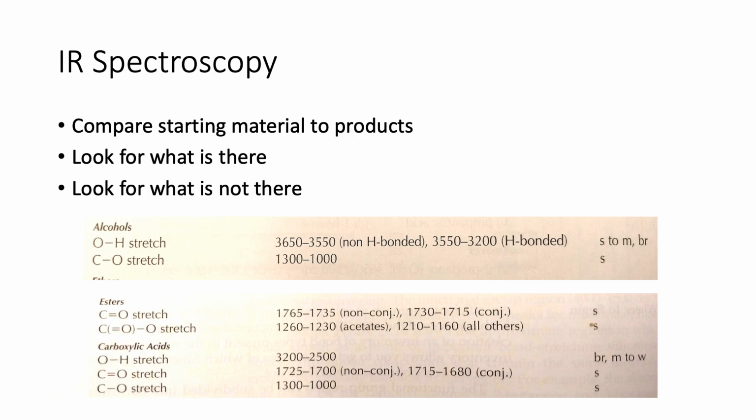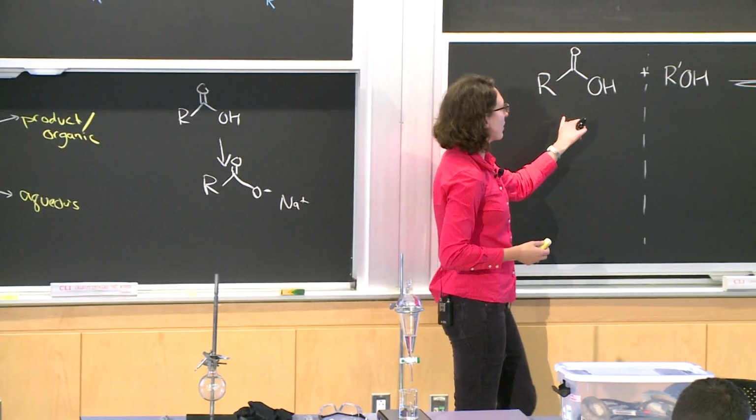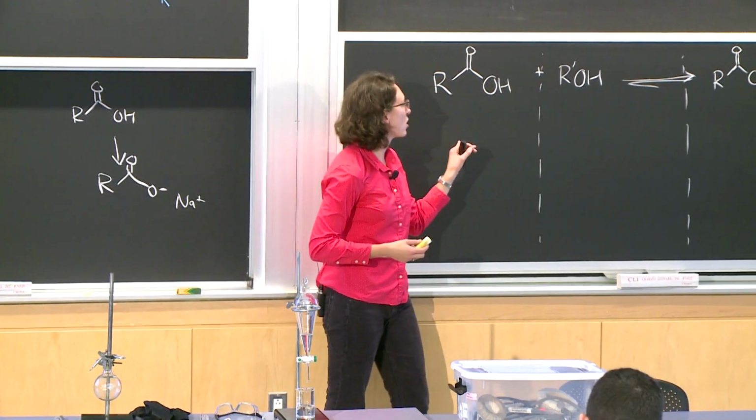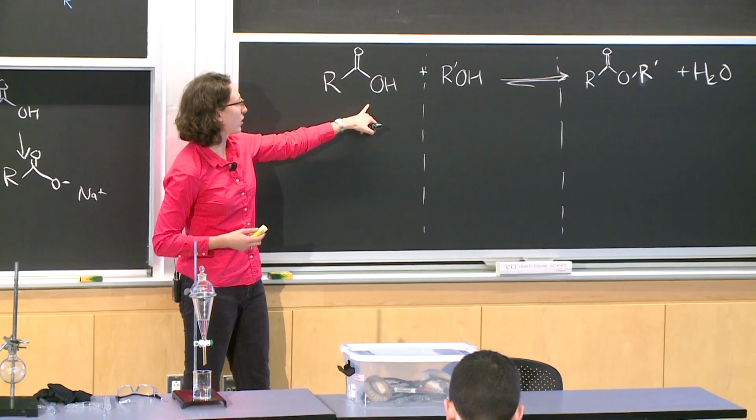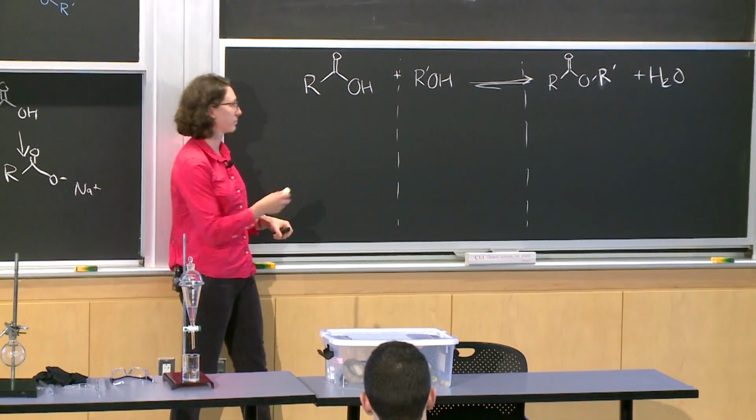So if we go back and think about the IR that we talked about last time, and if we think about our products and our reactants, what IR bands are we going to see in our carboxylic acid reactant?